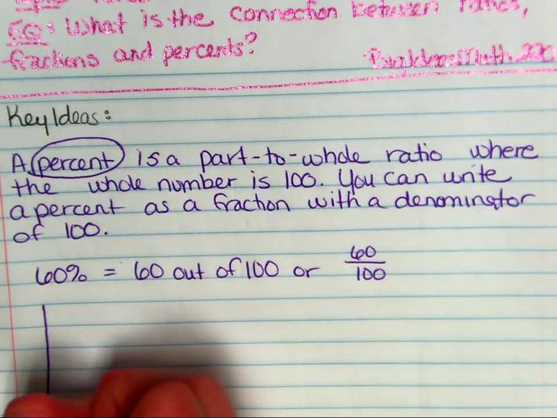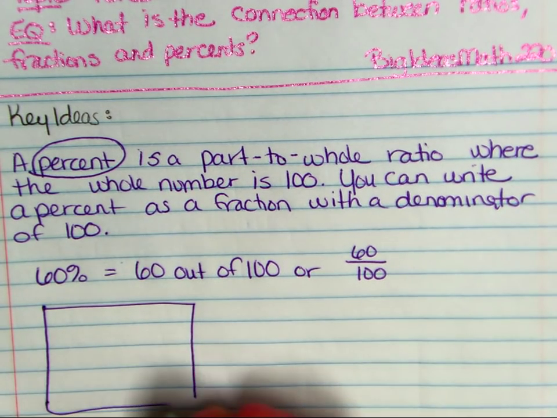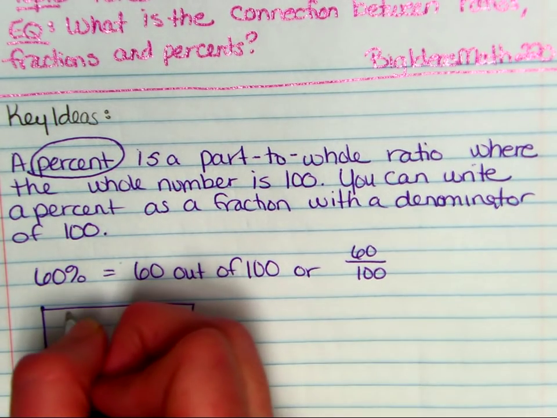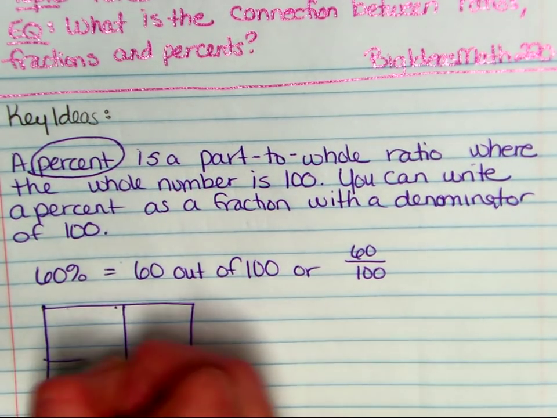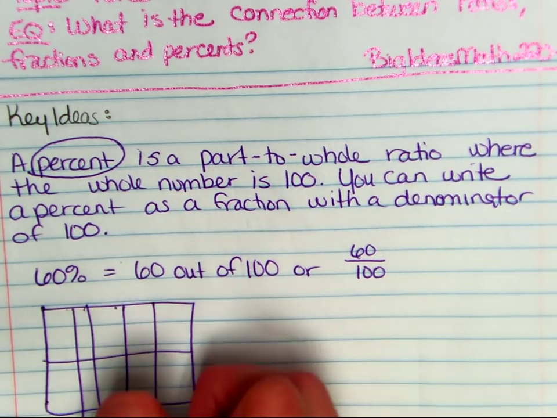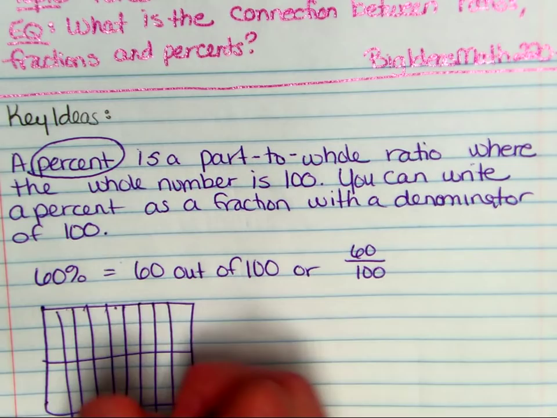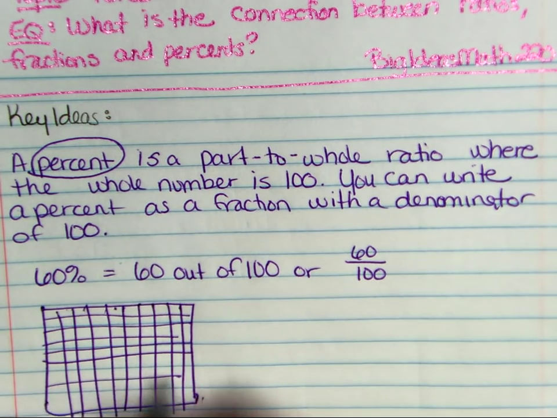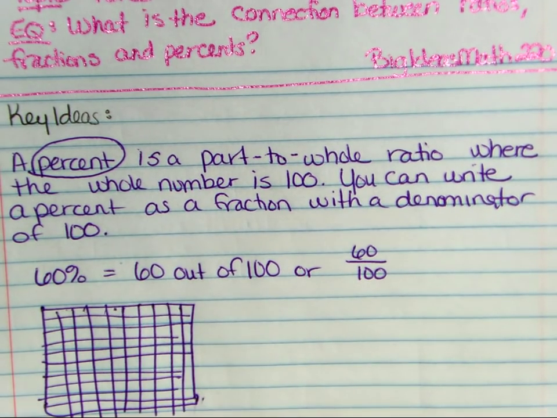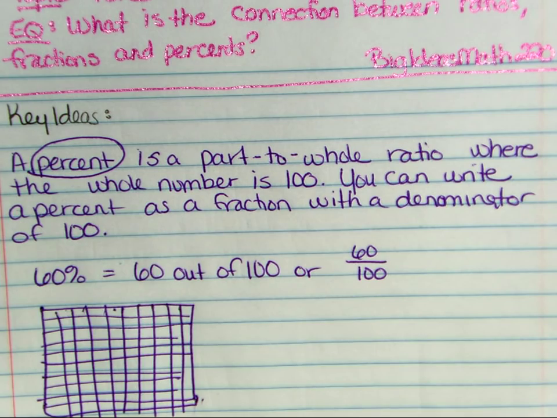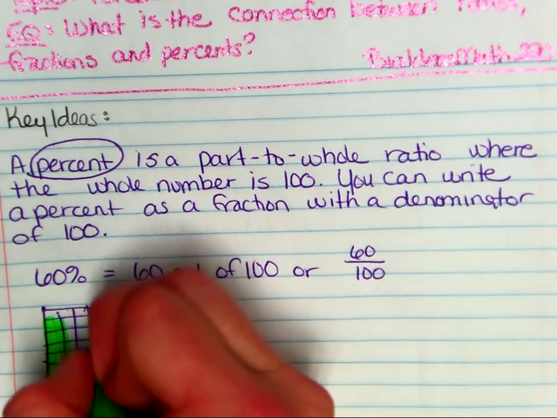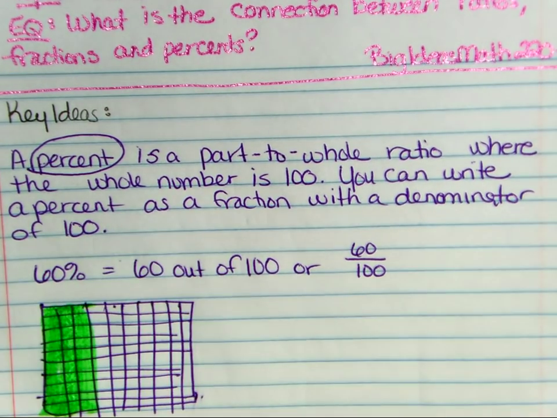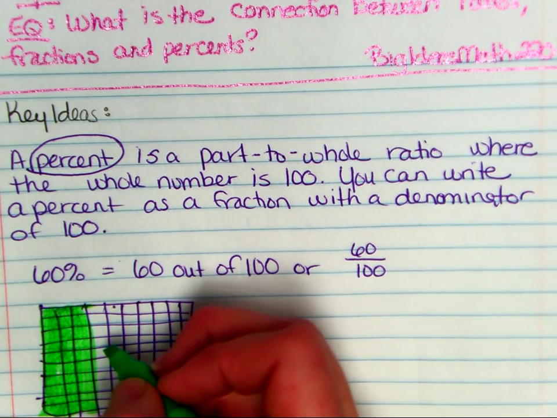So we did an example where we took a 100 grid. I can create my 100 grid by dividing in half and half, creating a center column, then dividing each again. Then we colored 3 full rows to signify 30, because each column has 10 in it, and then I'm going to do half of another one.